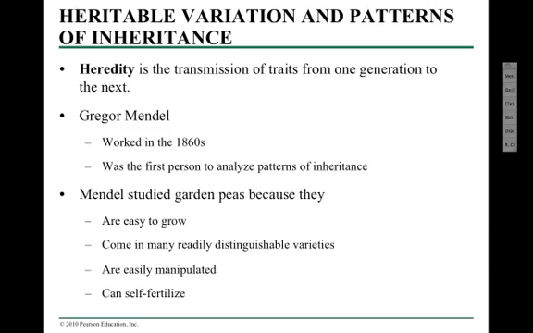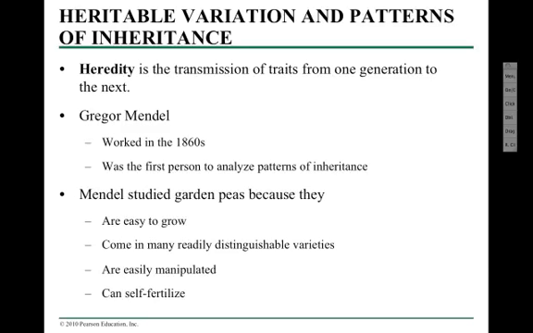And when he started to do this study, he did not know genes existed, didn't know chromosomes existed. None of that had been discovered yet. So he did most of this by mathematical analysis and visual.